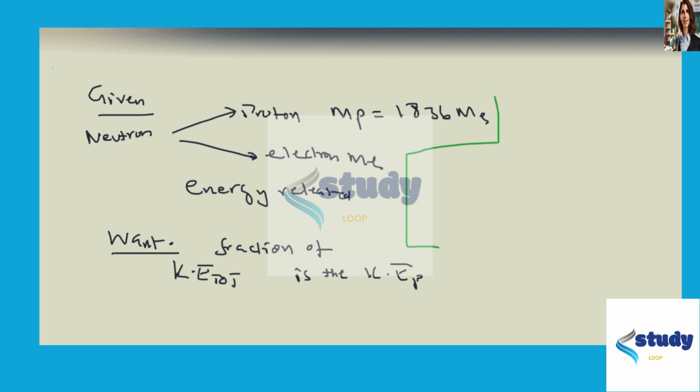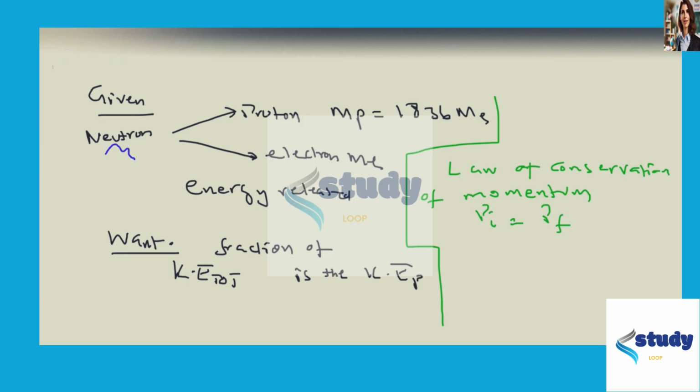So the first thing we're going to do is use the law of conservation of momentum, that says the initial momentum of the system equals the final momentum of the system.